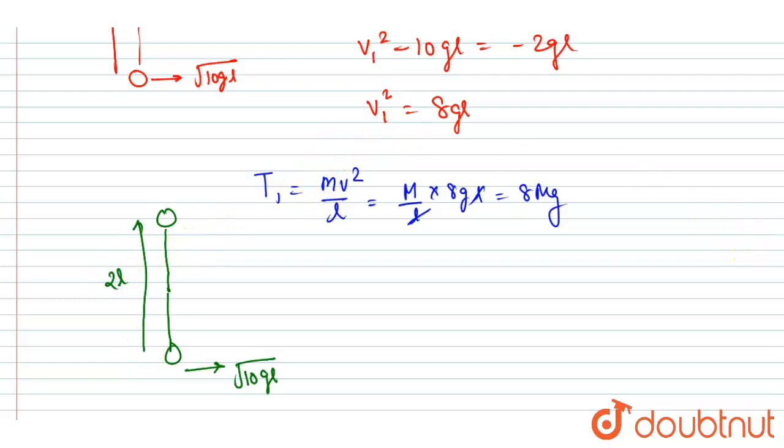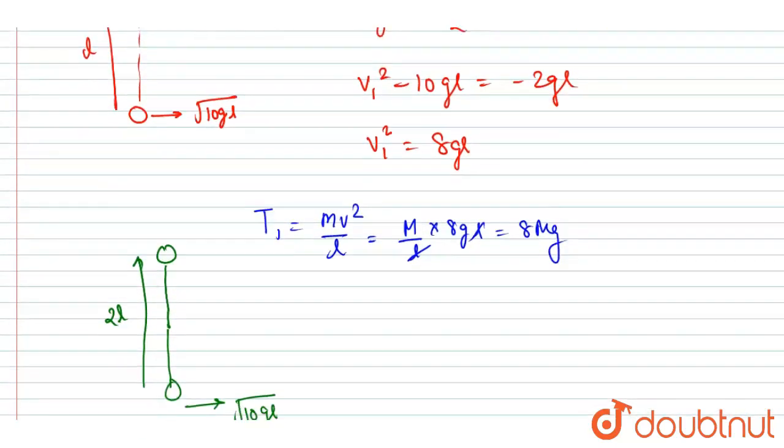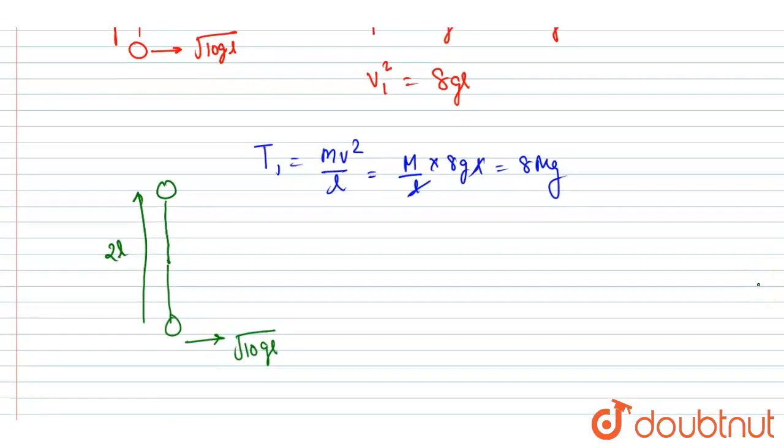So the work done by gravity is mg into 2L, which is equal to change in kinetic energy. Let's suppose here the velocity is v2 and here the tension in the string is T2, right?